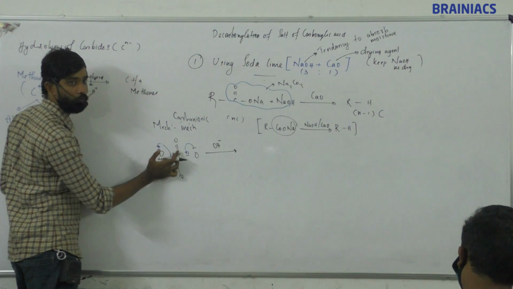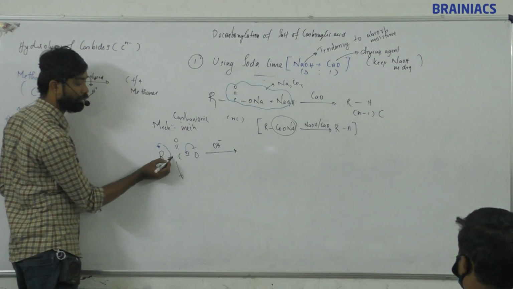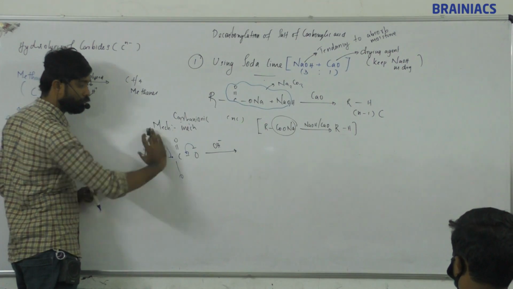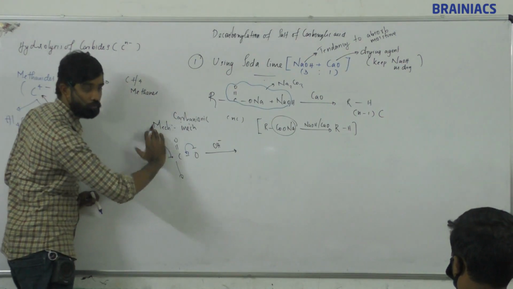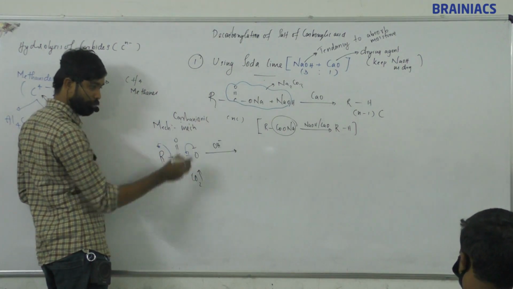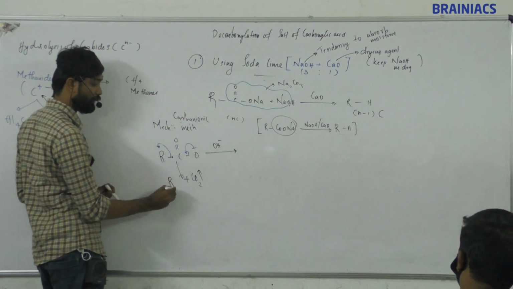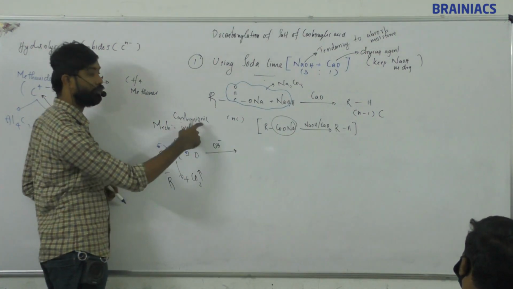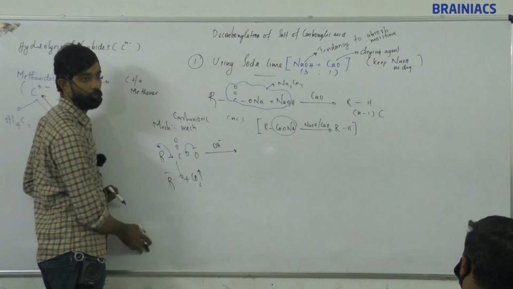This carbon could not accommodate this, so it is shifted to the alkyl group. So carboxylate CO2 is eliminated and forms the R- intermediate. R- is said to be the carbanionic intermediate.